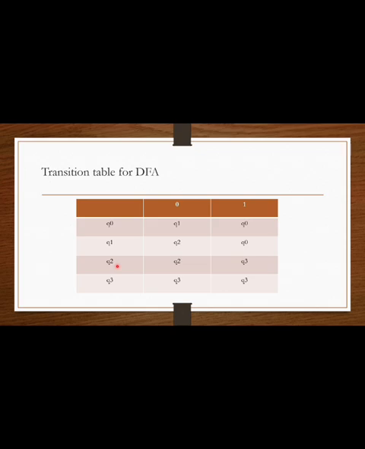For the state Q2, if the input symbol is 0, it remains in the same state because it is self-looped, and if the input symbol is 1, it moves towards the state Q3. And for the Q3 state, for both 0 and 1 input symbols, it stays in the same state because it is self-looped.